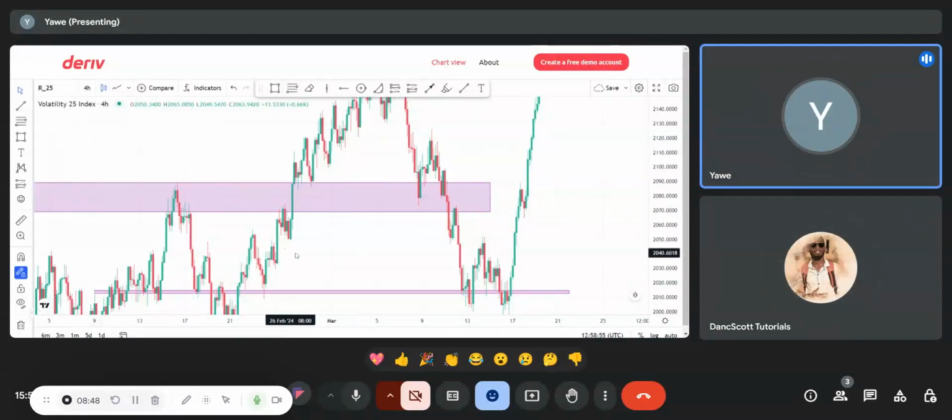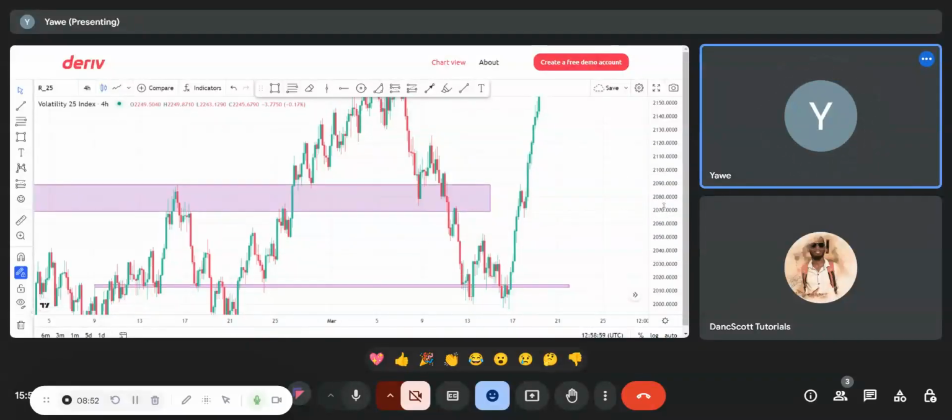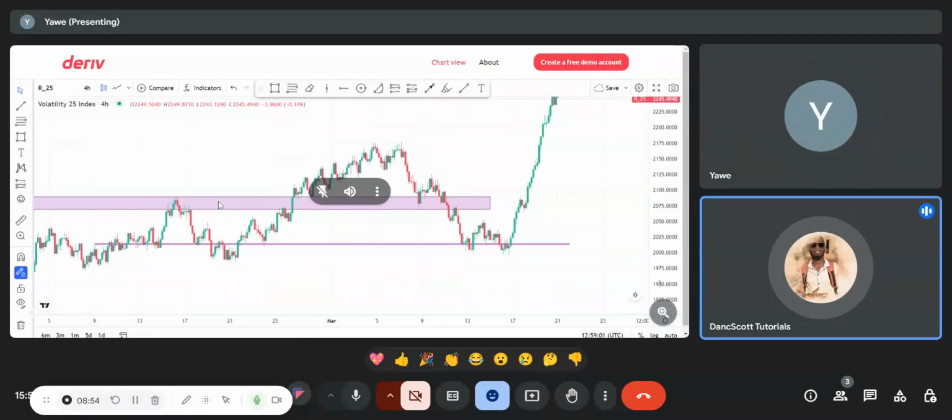Okay. So this is not a good example of support if you're on H4. Even right here, you may not say it is a support. You may say the fair value gap here is the one which is a support. All the way from the other side is the one which is being reacted to several times.